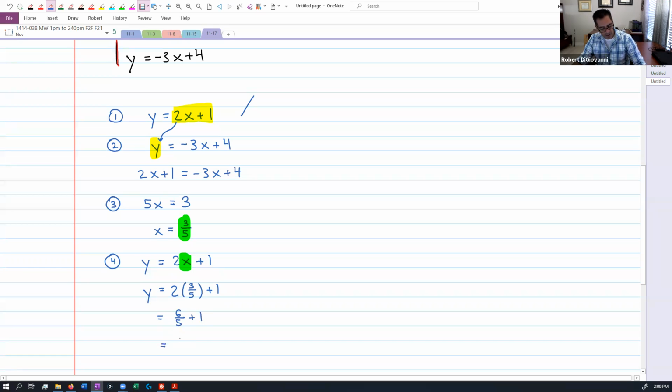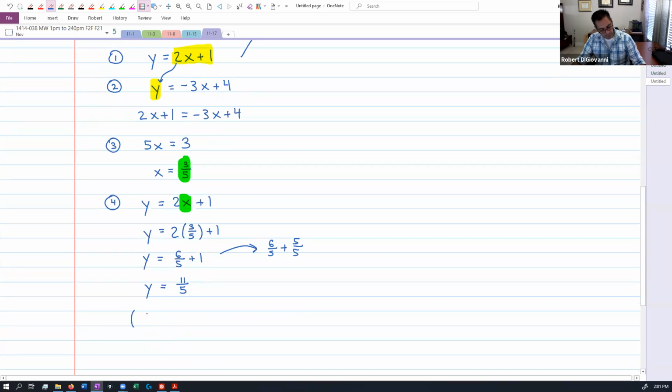With a common denominator, you'll get 11 over 5, because that's 6 over 5 plus 5 over 5. So now you know what y is. So we have a solution. It is 3/5, 11/5. That's your x and y coordinate.